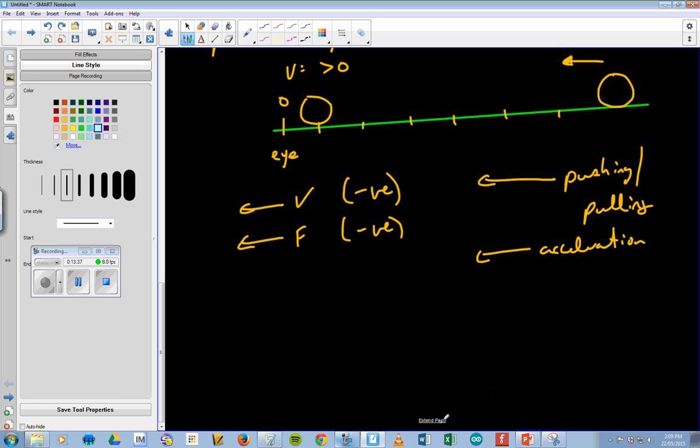That's negative. And we therefore have our acceleration in the negative direction. Everything is negative. If you have a velocity to the left, and you have a push or pull on the object that is also to the left, the object will speed up to the left. Does that make sense? Okay, sweet.